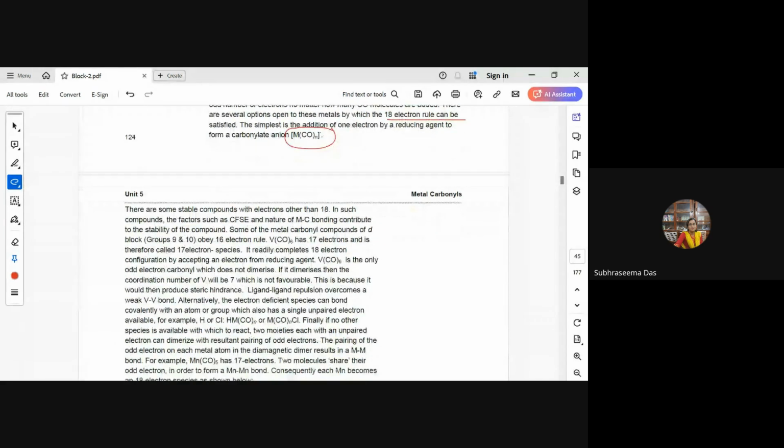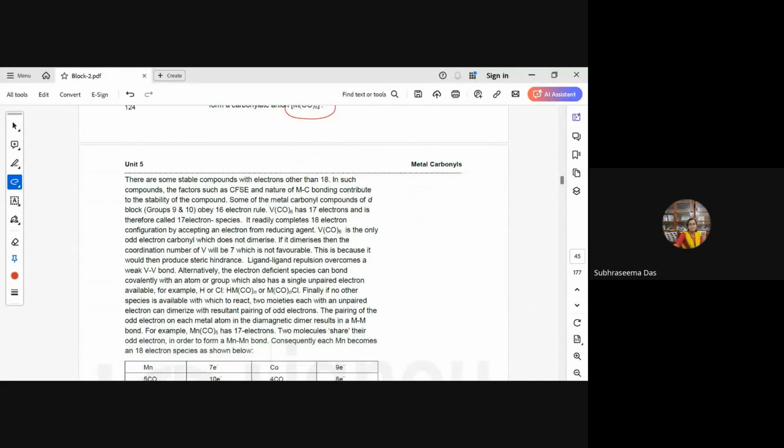Now there are other stable compounds which have other than 18 electrons. It is not always the case that the stability of a compound is indicated by 18. In certain compounds, we need to calculate the CFSE and other factors. There are certain metal carbonyl compounds of d-block that obey the 16 electron rule. We have just studied that V(CO)6 has 17 electrons, and therefore it is called a 17 electron species.